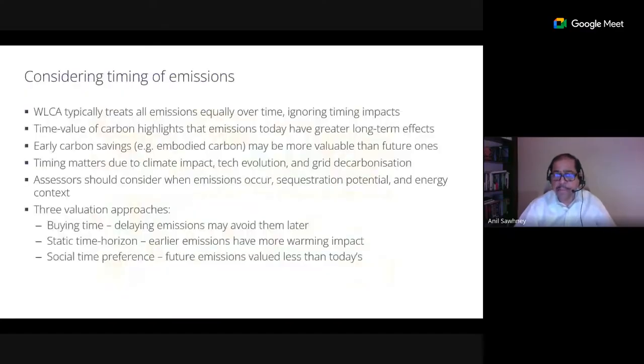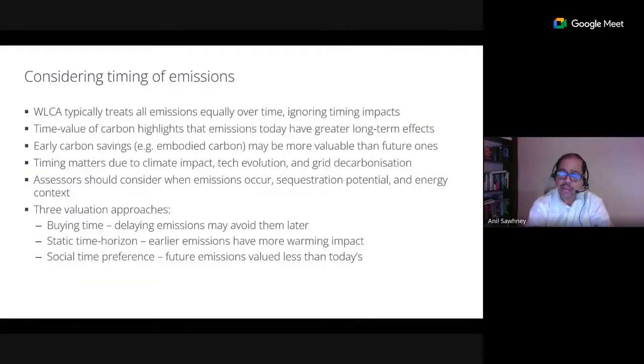Okay. So when you consider timings of the emissions, WLC typically treats all emissions equally over time, ignoring the timing impacts. As you saw in the biogenic carbon calculations, it didn't matter that we stored carbon in the timber beam, because it came at -1 and left at +1, 60 years later.